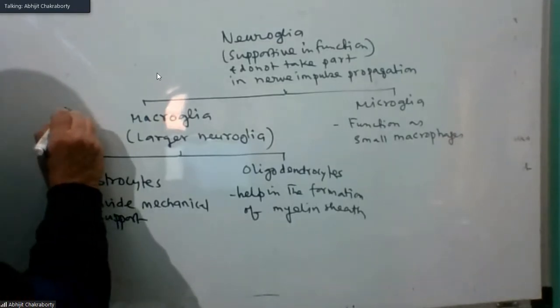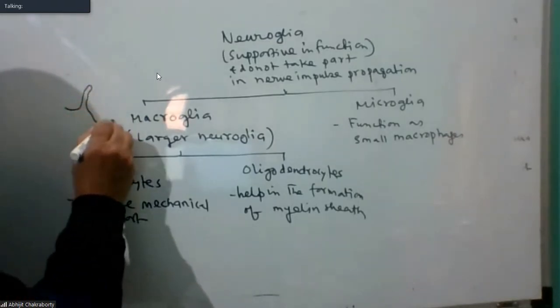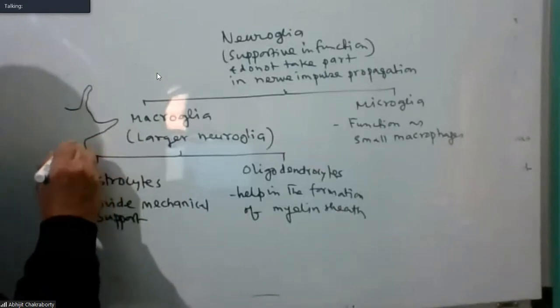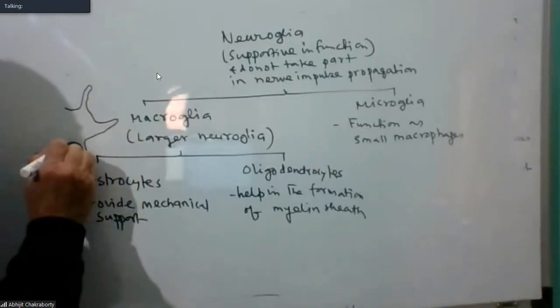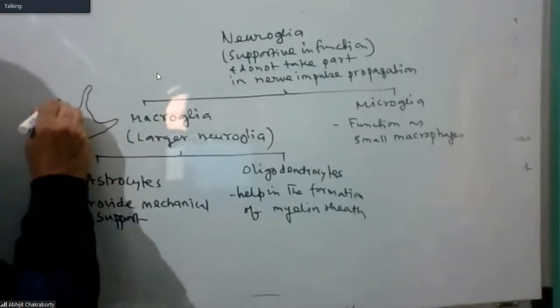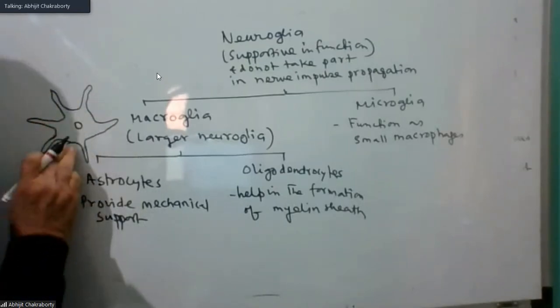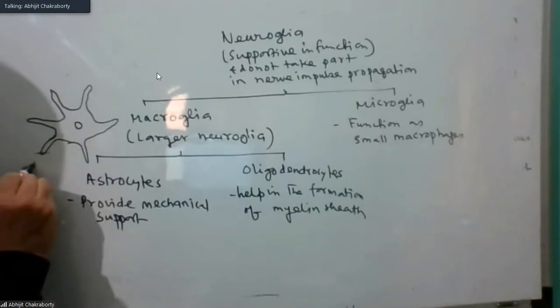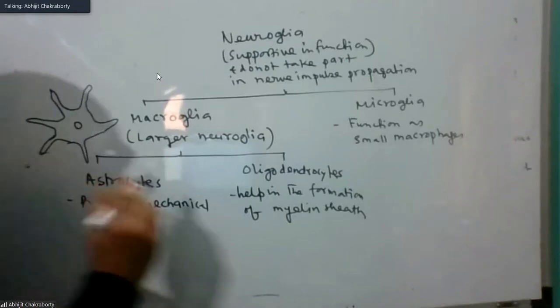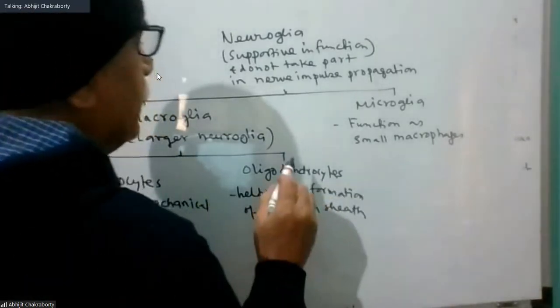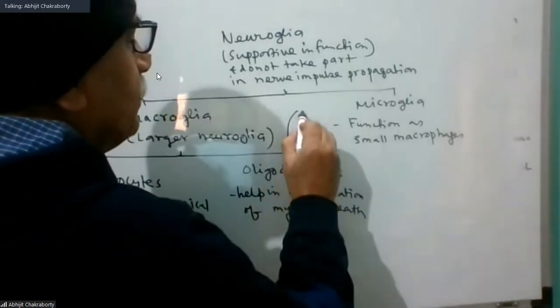This is the astrocyte. And oligodendroglia is also a larger cell.